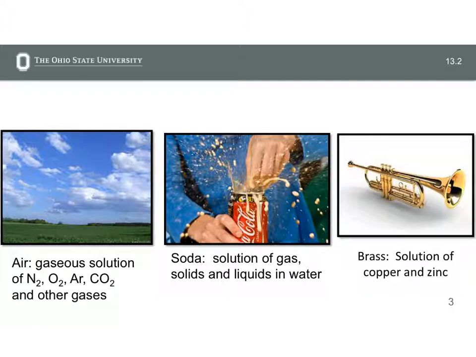So air is a gaseous solution: nitrogen, oxygen, argon, a lot of CO2, too much right now. Soda or pop, depending on where you're from, maybe Coke, is a solution of gas and solids in water. Brass is actually a solid solution. That means the copper and zinc are evenly, homogeneously organized inside that metal.